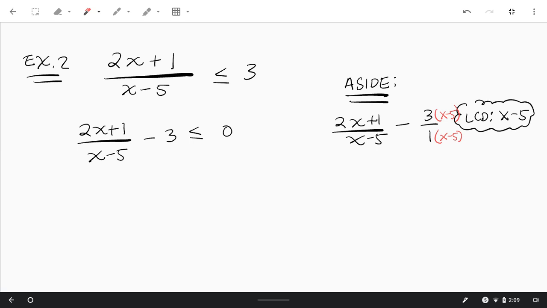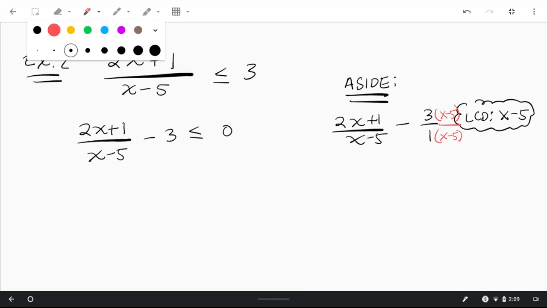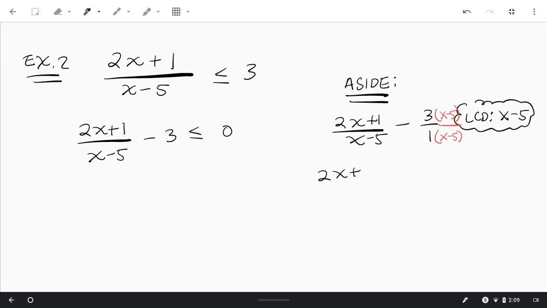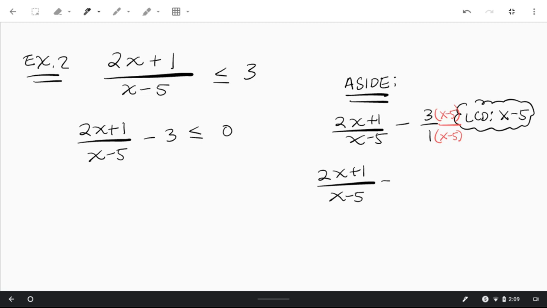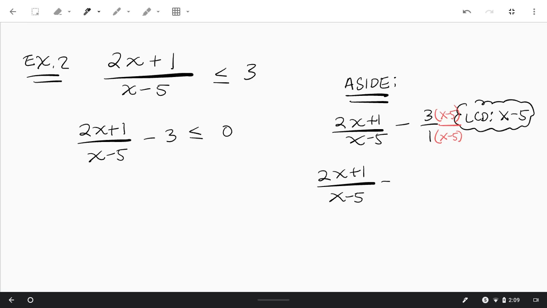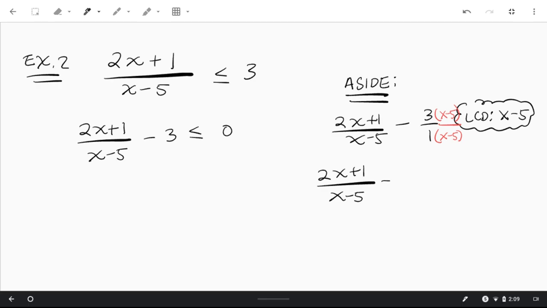So when I do that, I end up with 2x plus 1 over x minus 5 minus, and up here I distribute the 3 and I get 3x minus 15 over x minus 5.